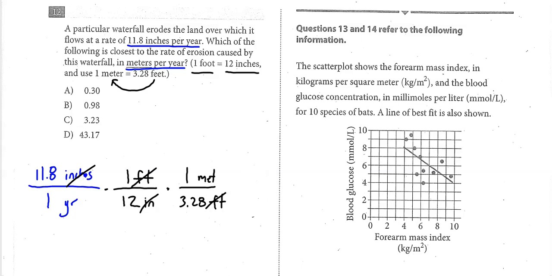Now I just need to multiply my top numbers, multiply my bottom numbers. Well, 11.8 times 1 times 1, that's just 11.8, and I have meters on top. And on bottom, I have 1 times 12 times 3.28. So 12 times 3.28 is 39.36.